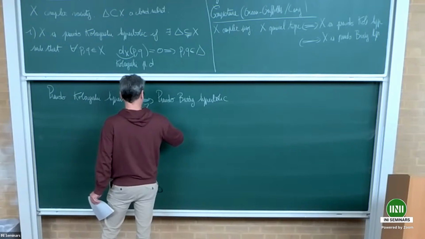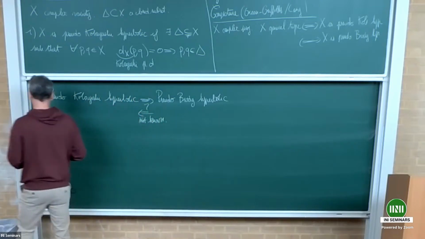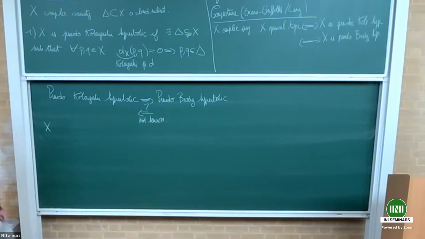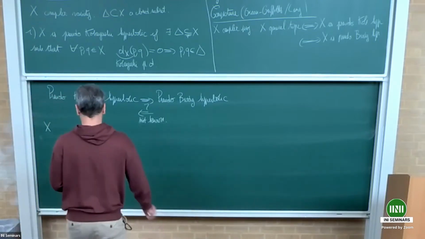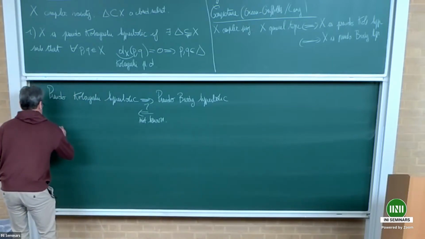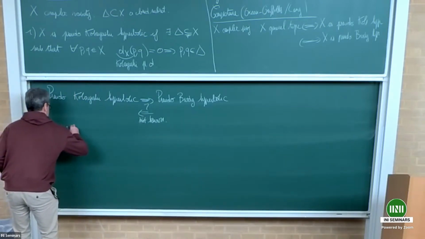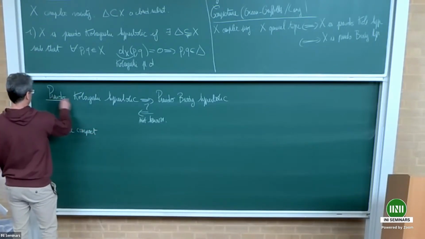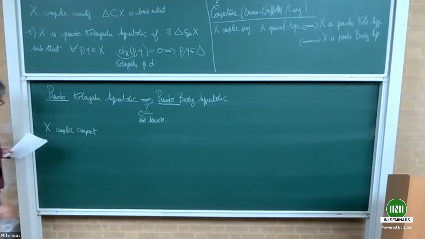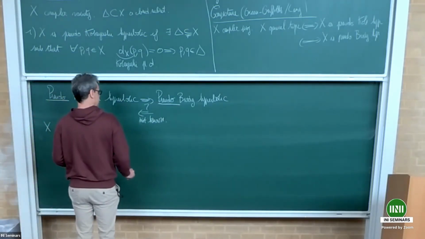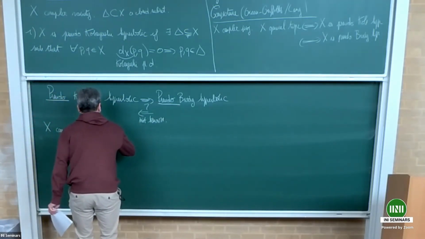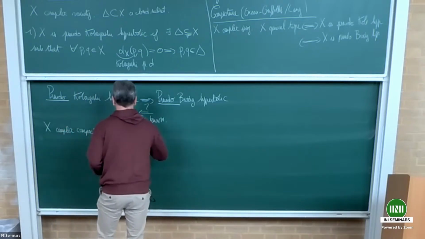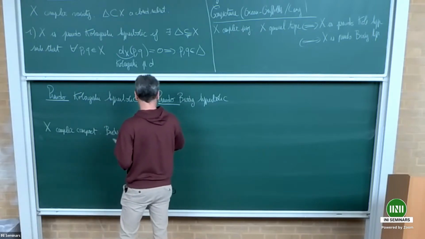I will come back to this point in more detail, but it's a bit striking because if you recall the Brody characterization, if you take X complex compact, the important point is pseudo, because if you take X complex compact, it is known that Brody hyperbolicity implies Kobayashi hyperbolicity.